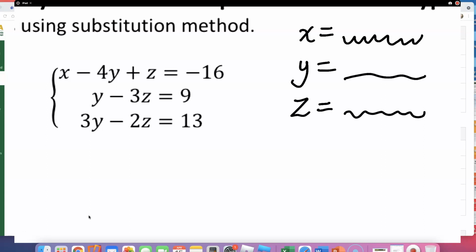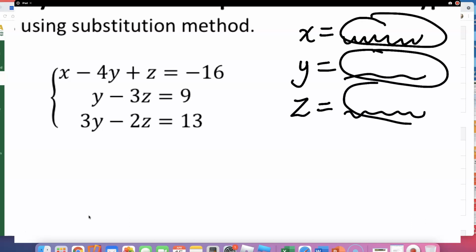If I can solve one of the equations in this format, I'll be able to substitute what's on the right side of the equal sign in for one of these variables. So I want to do a substitution method.